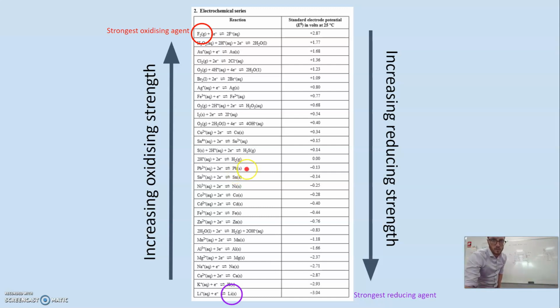And where is chlorine? Chlorine's up here. So chlorine gas is a stronger oxidizing agent than lead ions, so it will reduce. Lead solid is a stronger reducing agent than chloride ions, so it will oxidize. So we're going to have lead oxidizing. And we're going to have chlorine gas reducing.